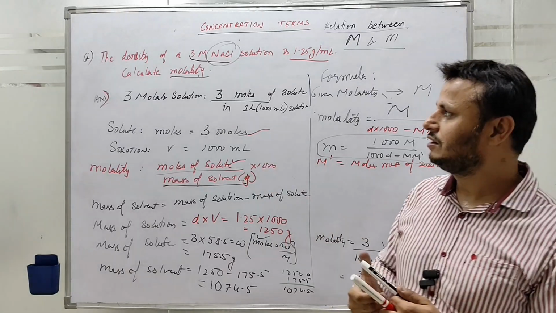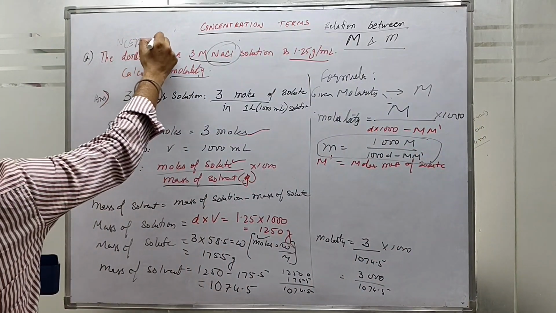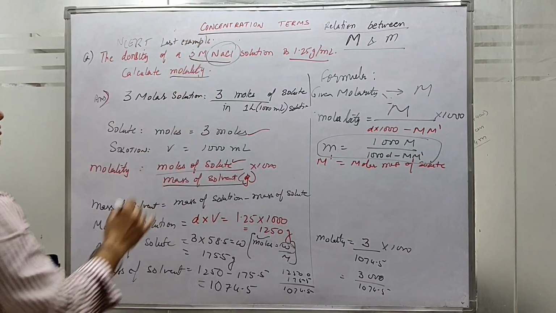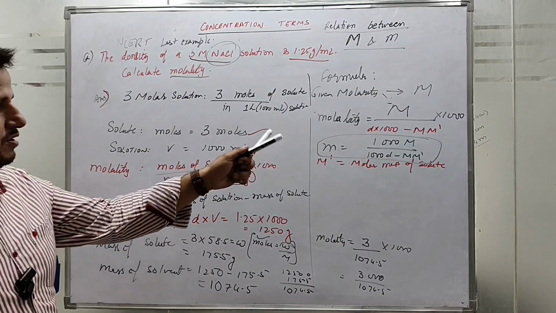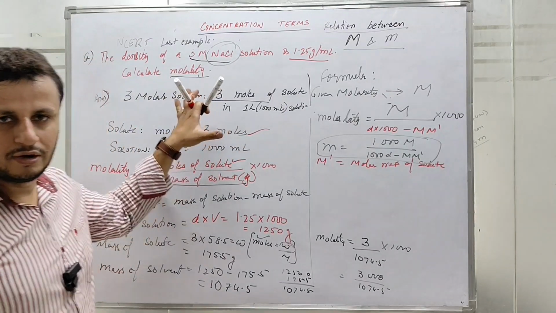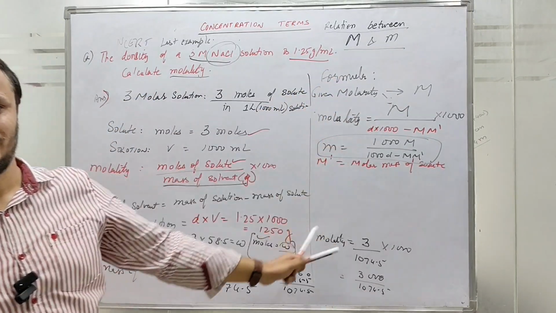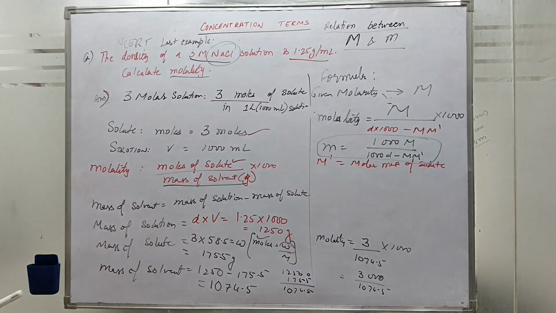So this is NCERT last example, and it also comes in generally 3 marks. So understand it, make notes of it, take the screenshot. For subjective you have to show like this, and for objective you can directly use the formula. So this is the relation between molarity and molality.